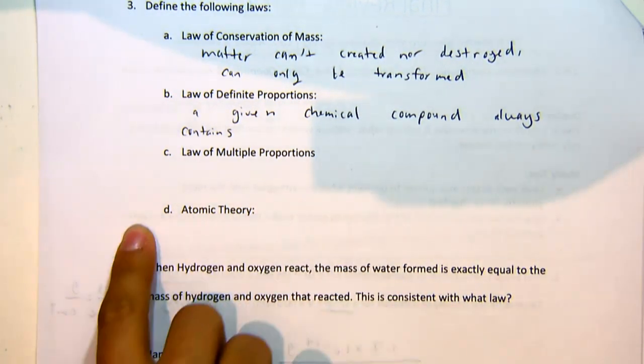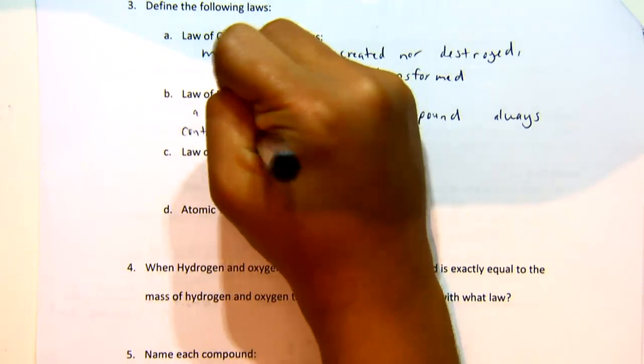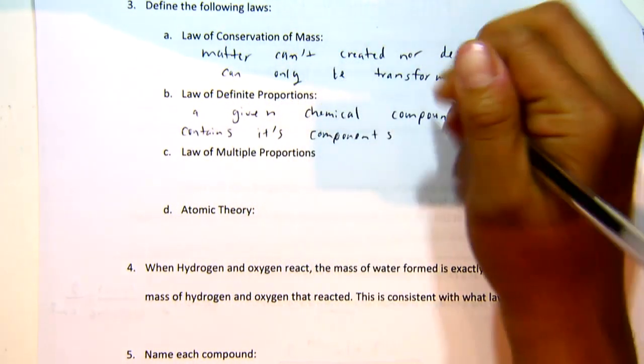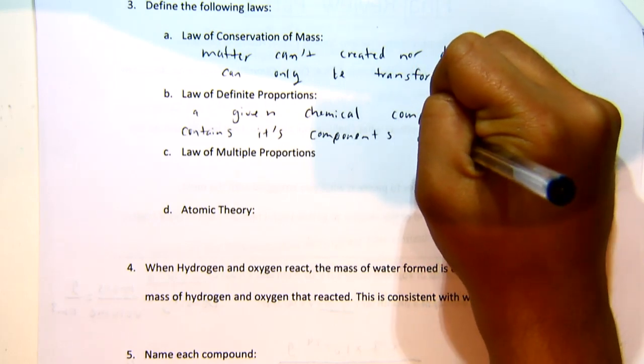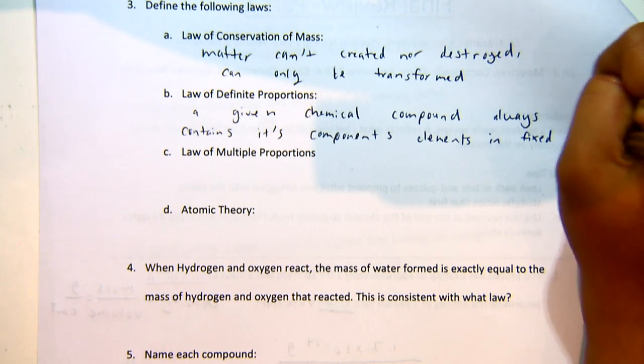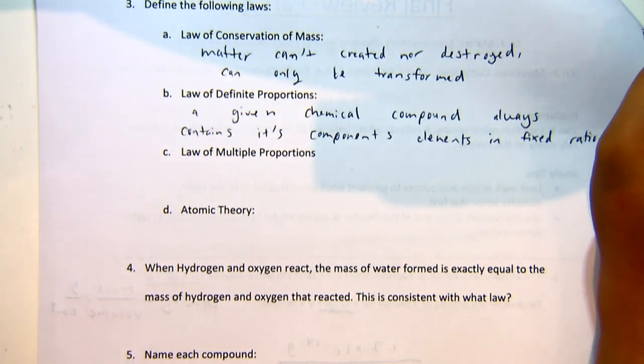So a given compound always contains its component elements in a fixed ratio by mass. And M is going to represent mass.